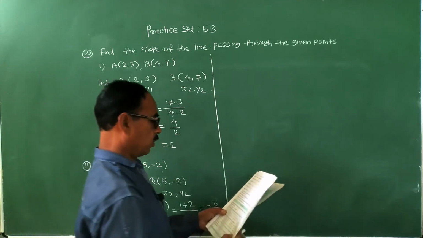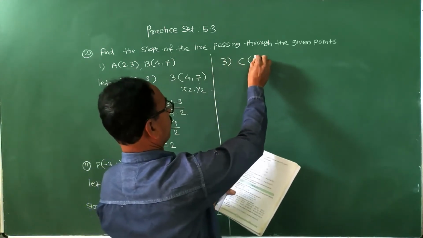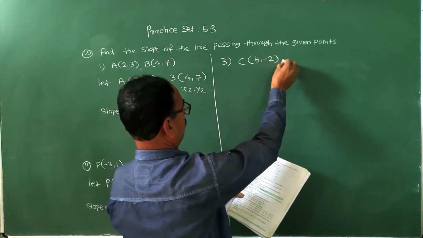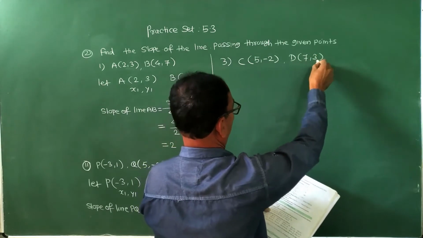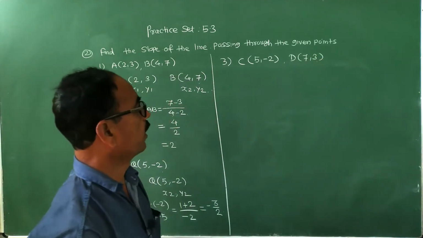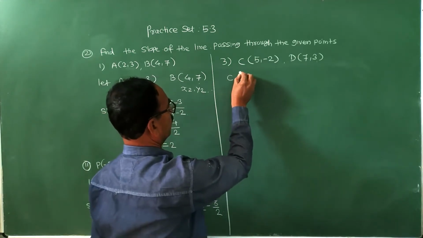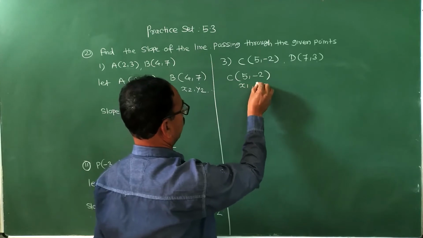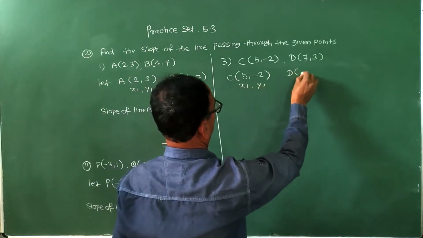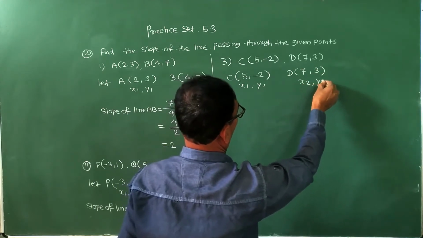Then next points we have given C. C is a point (5, -2) and D (7, 3). Now consider this point as x1 y1 and x2 y2. So this is point C (5, -2), we will consider as x1 y1, and point D (7, 3), which will be x2 comma y2.